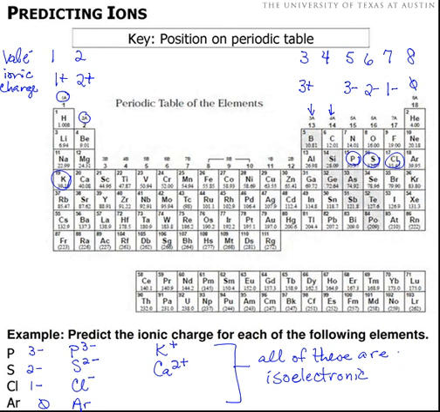Cl has 17 protons, but a Cl- is going to have 18 electrons. So I see that all of these are isoelectronic, having 18 electrons each. And this concludes our tutorial on predicting ions and covering isoelectronic as well.